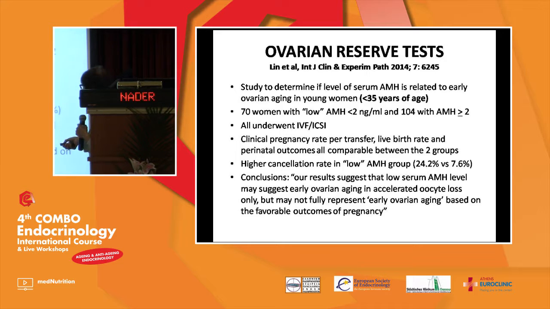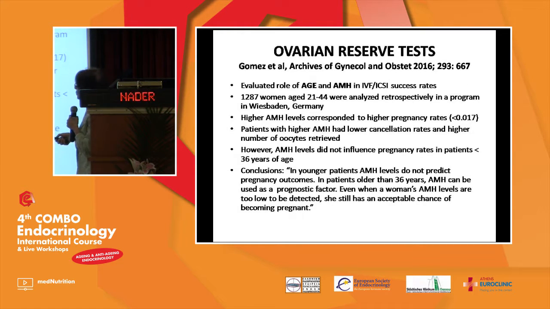The conclusion of the authors is: our results suggest that low serum AMH may suggest early ovarian aging in accelerated oocyte loss only, but may not fully represent early ovarian aging based on the favorable outcomes of pregnancy. Very important. And another similar study from Germany with over 1,000 women spanning the ages of 21 to 44 was analyzed retrospectively in an IVF-ICSI program.